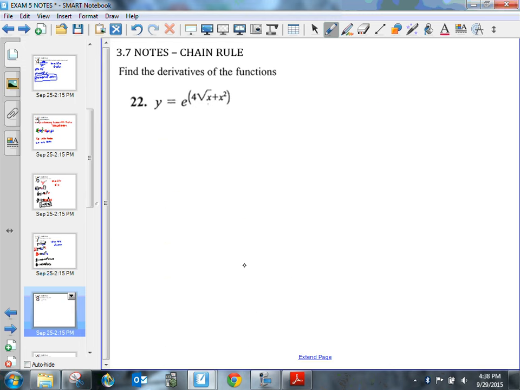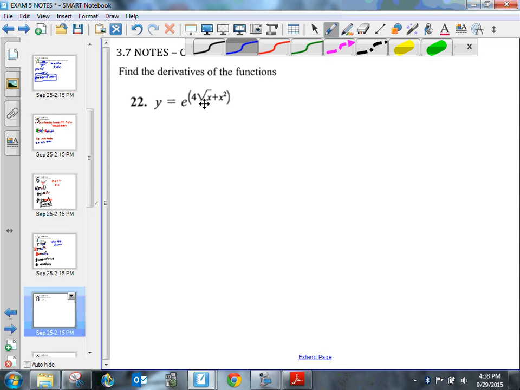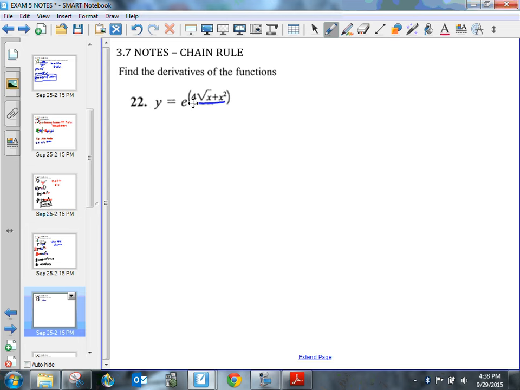This is number 22. Okay, so this one's kind of interesting, okay? What I see here is that my outside function is e to some power, okay? So I see this inside portion here, and I'm going to let that be my u. So I'm going to let u equal 4 times the square root of x plus x squared.